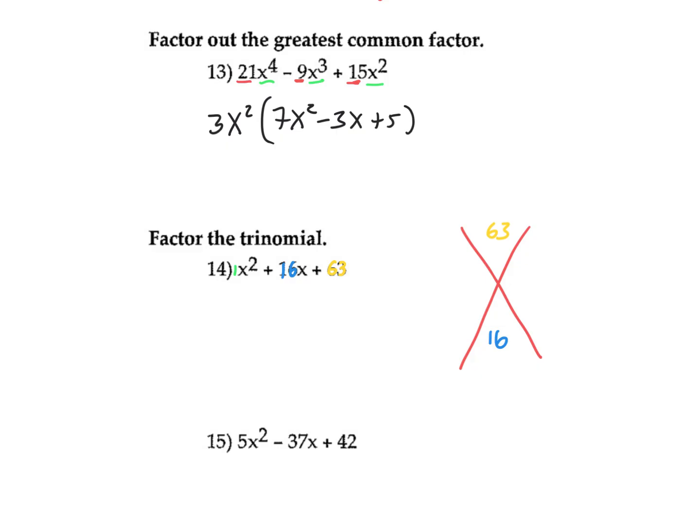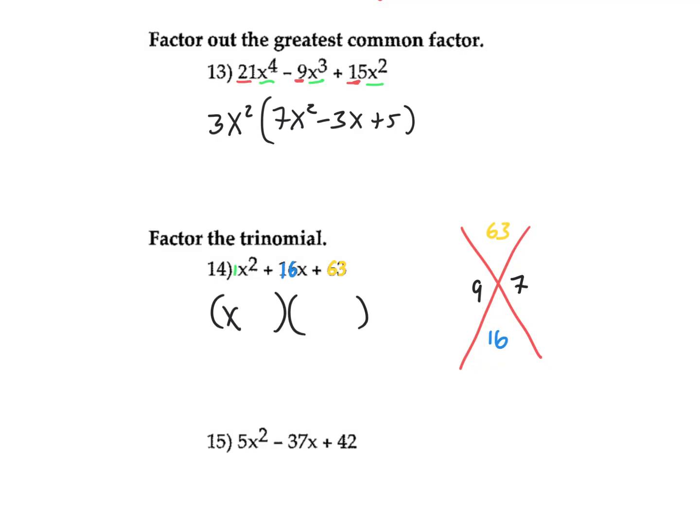What you're doing is you're asking yourself what two numbers multiply to 63 but happen to add to 16. Well, it is the case that 9 and 7 would do the trick, right? So 9 times 7 gives you a 63, and 9 plus 7 gives you a 16. So when it comes to something like this, where you just have a green leading coefficient of 1 in the front, in other words, it's not like a 3 in the front or a 10 in the front, you can then just get away with saying, oh, okay, cool.